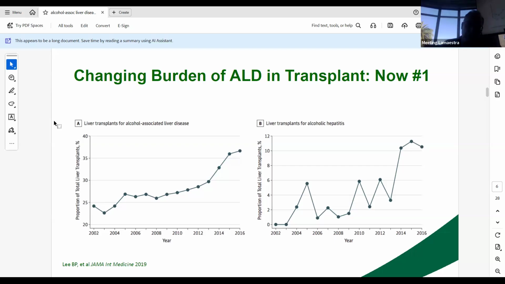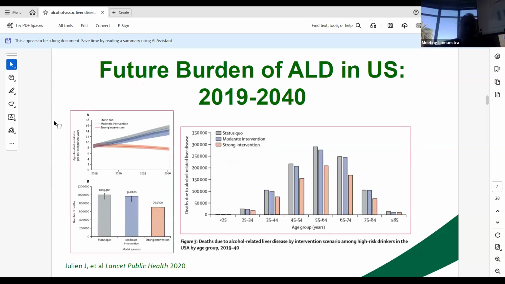So that's why we say people who have fatty liver shouldn't drink alcohol. That's a general rule on that side. And for people with alcohol use disorder, we need to be aggressive about managing their metabolic syndrome and their obesity. There's a projection that this is going to keep going up, but that red line for strong intervention is what's happening now with the GLPs by accident.